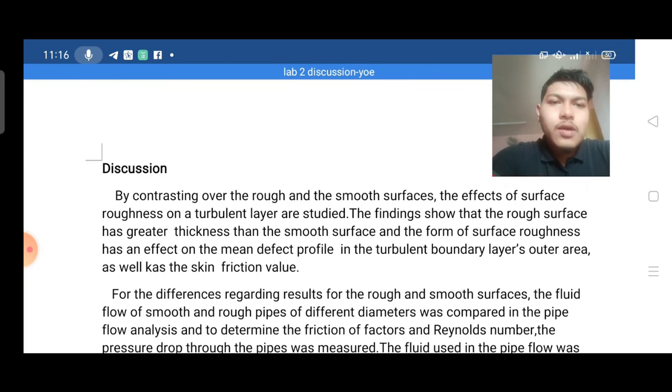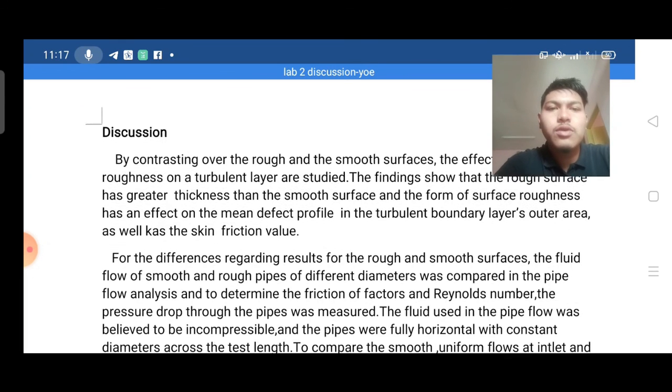For the discussion for lab 2, by contrasting the rough and the smooth surface, the effects of surface roughness on a turbulent layer are studied. The findings show that the rough surface has greater thickness than the smooth surface, and the form of surface roughness has an effect on the mean velocity profile in the turbulent boundary layers of the area, as well as the skin friction value.